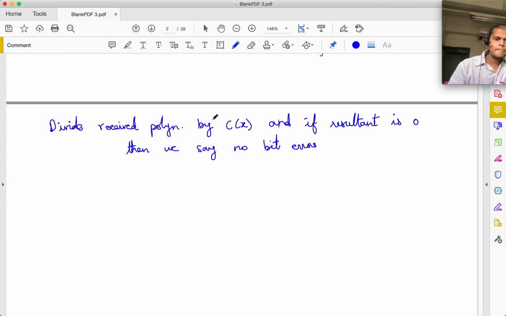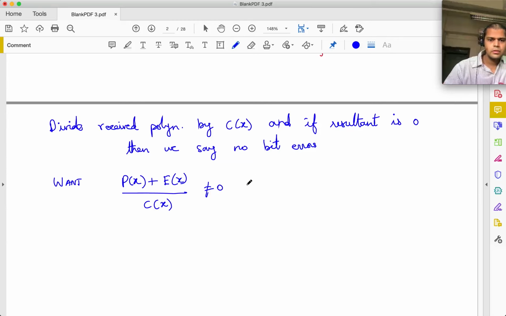So what we want is that P of x plus E of x divided by this generator is not 0 if E of x is not 0.